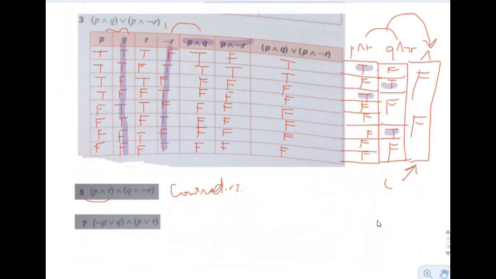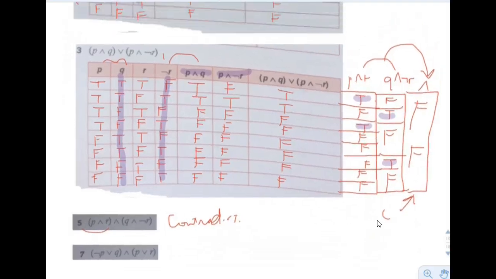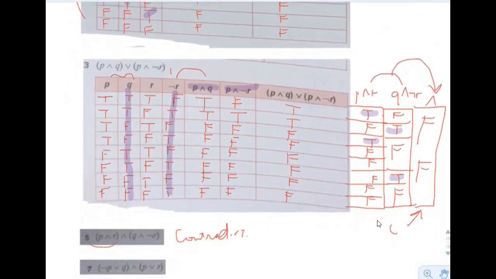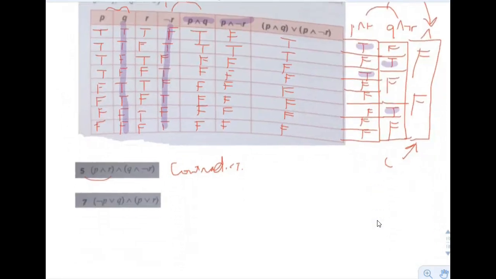Okay? And then we're going to do not P or Q ANDed with P or R. So not P or Q. Can we do that up here? I don't have any not P or Q's here, so we're going to have to do this by hand and start over.